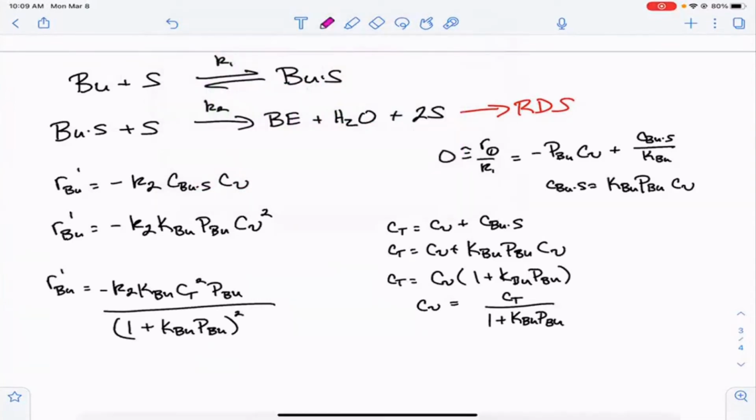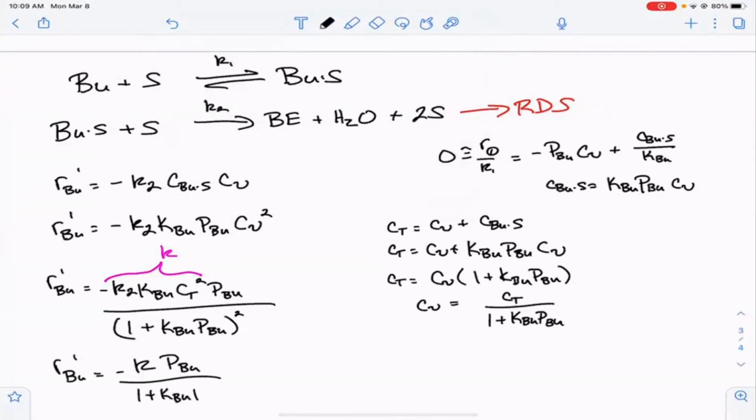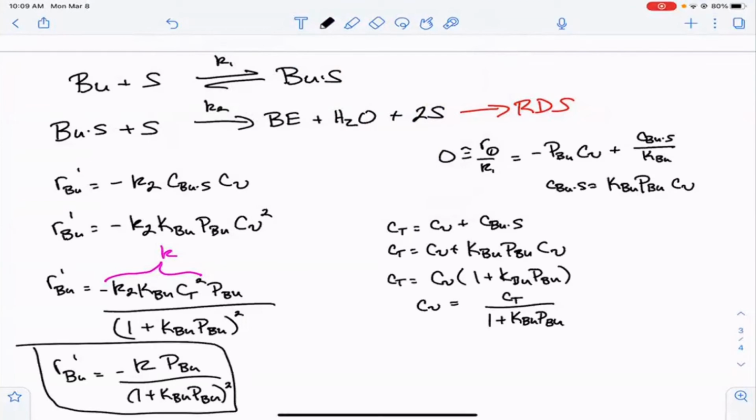And we can call this just K, and we get that the rate law for butanol is minus K times the pressure of butanol divided by 1 plus K butanol times P butanol, squared, which is exactly our proposed rate law, or the rate law that we were given, might be a better way to say that, okay?